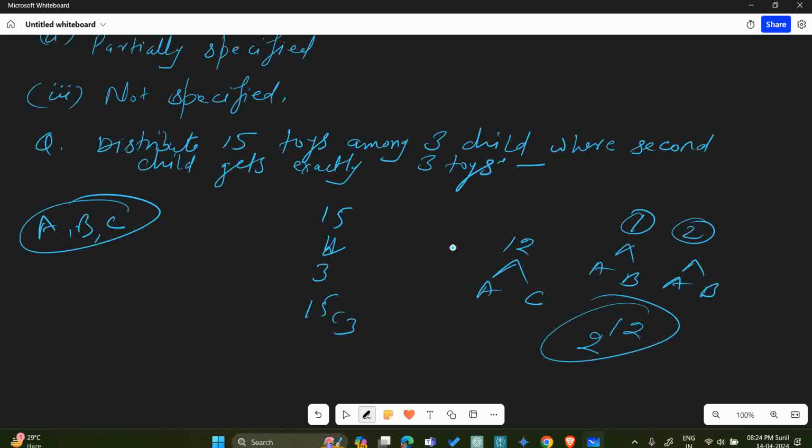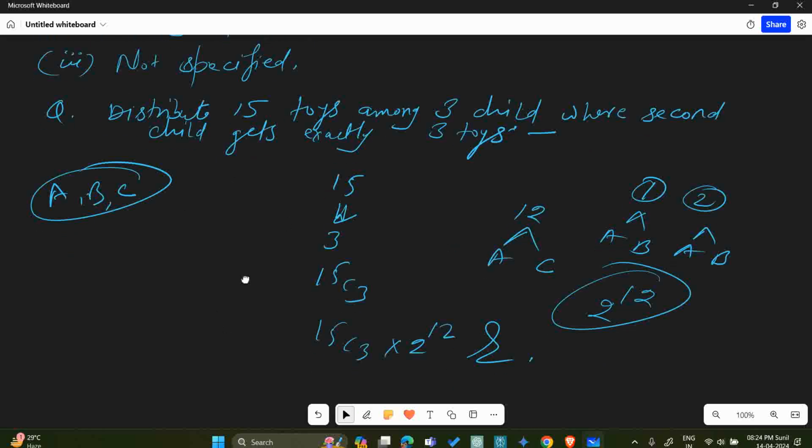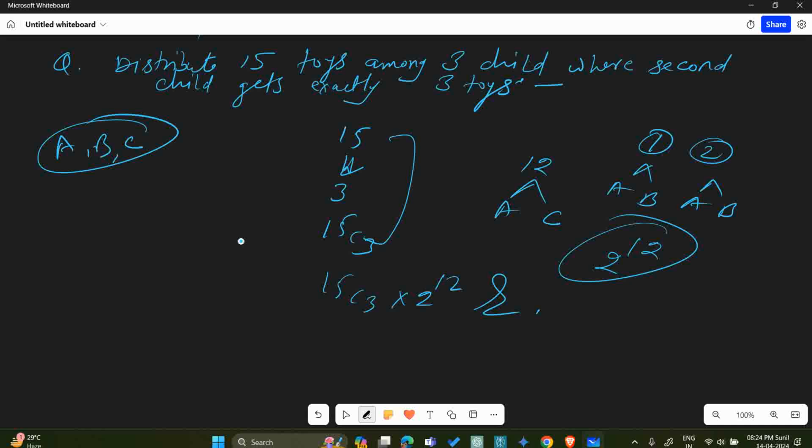So 15C3 into 2 to the power 12 is our final answer. Because it is partially specified, but this is fully specified.